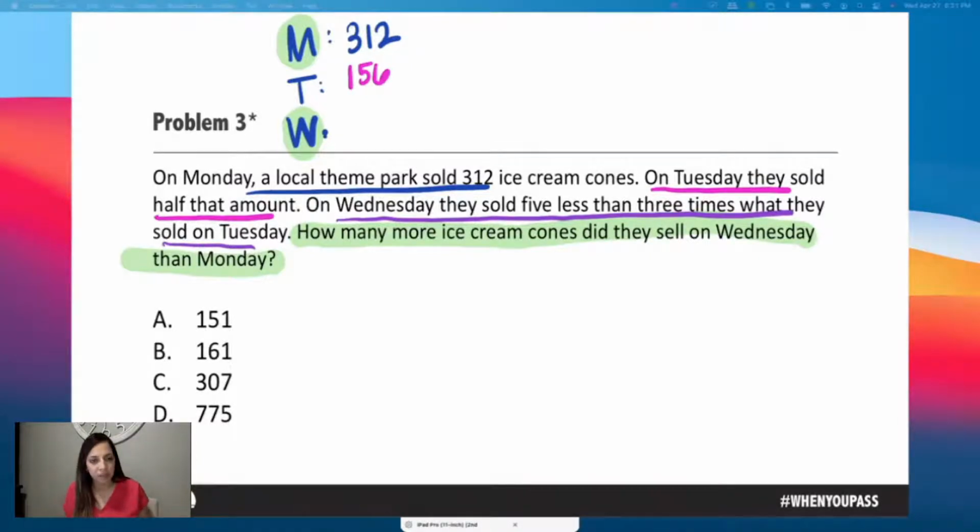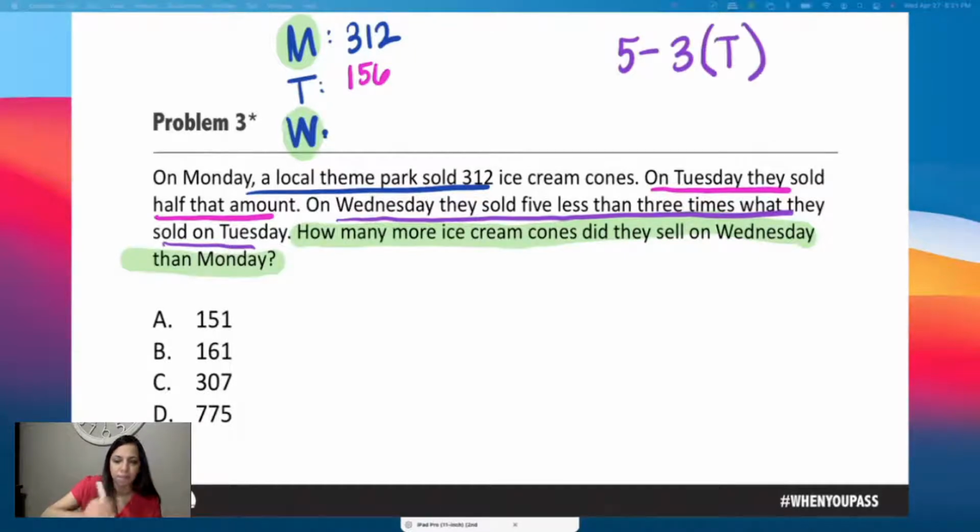What does that even mean? Let's break those words down. 5 less than 3 times what they sold on Tuesday. Don't get confused by doing 5 minus 3 times Tuesday, because if I do that, I'm going to end up with a negative number.